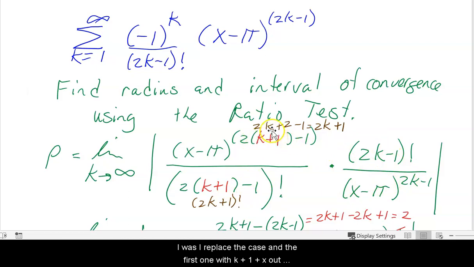I replaced the k's in the first one with k plus 1, then multiplied out the arithmetic above it in a different color. That gave me 2k plus 1 factorial in the denominator, and 2k plus 1 is the power on x minus pi in the numerator.